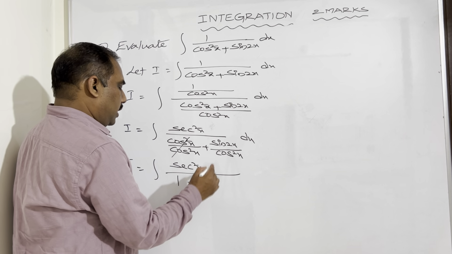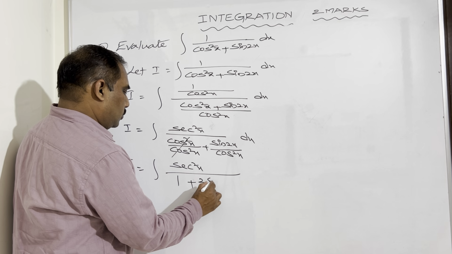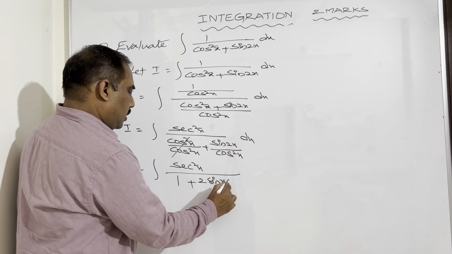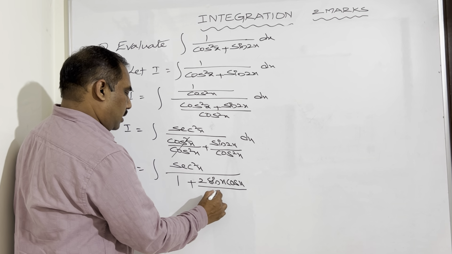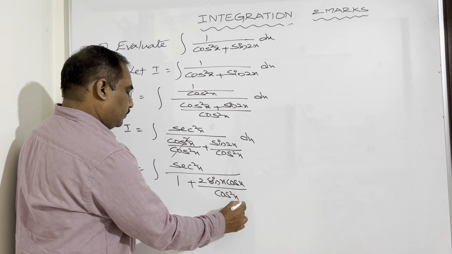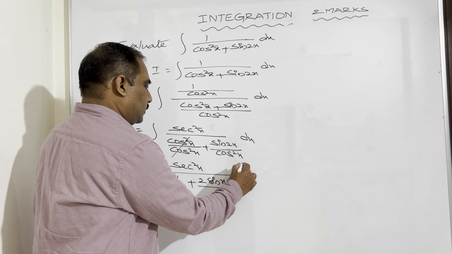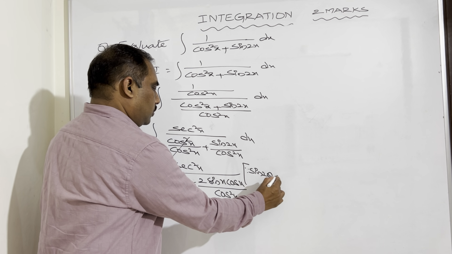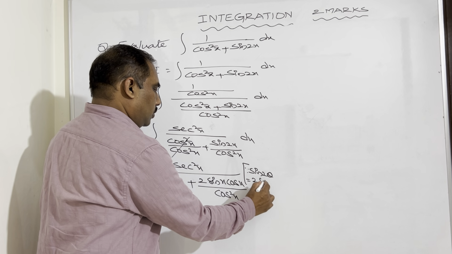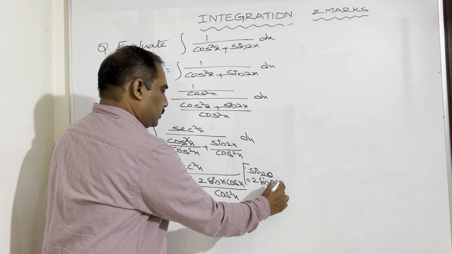So sin 2x can be written as 2 sin x cos x divided by cos square x. We know that sin 2 theta is equal to 2 sin theta cos theta.